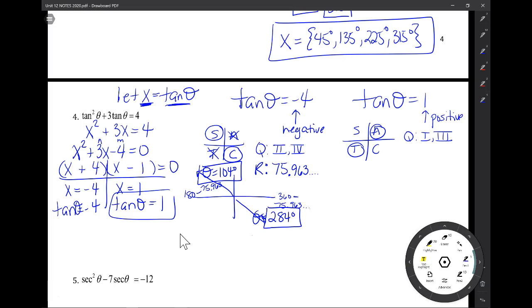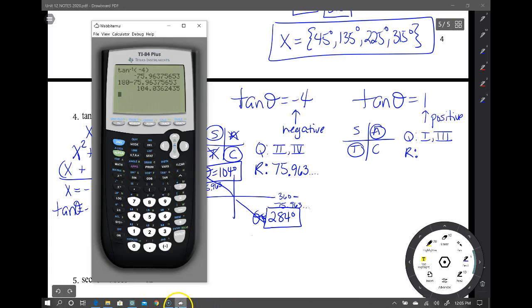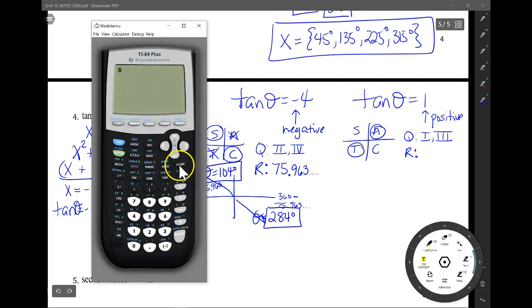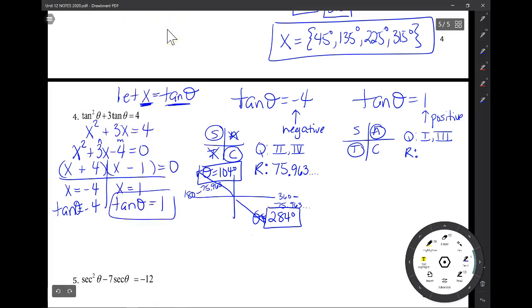All right, so let's figure out what our reference angle is. This one also is in our 1, 2, 3 and 3, 2, 1 chart, but if you don't feel like making that chart every time, you just do inverse tan of 1. You get a reference angle of 45 degrees, which is beautiful. I don't have to do any rounding on that.